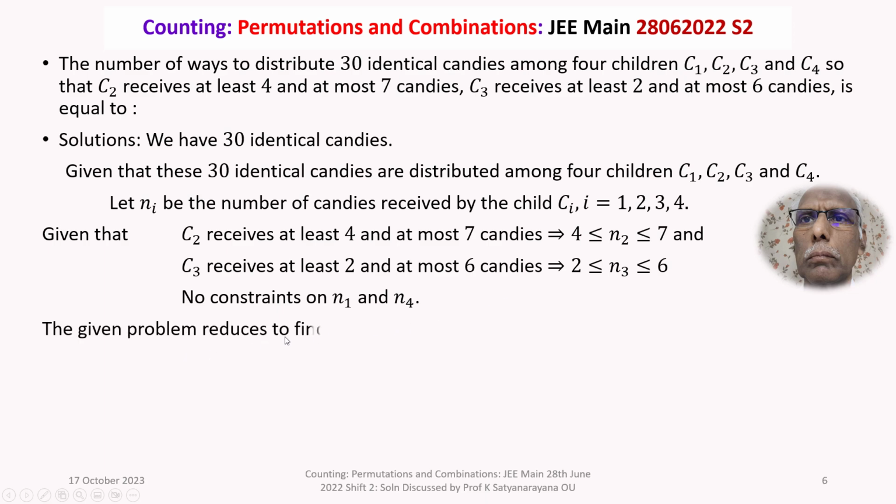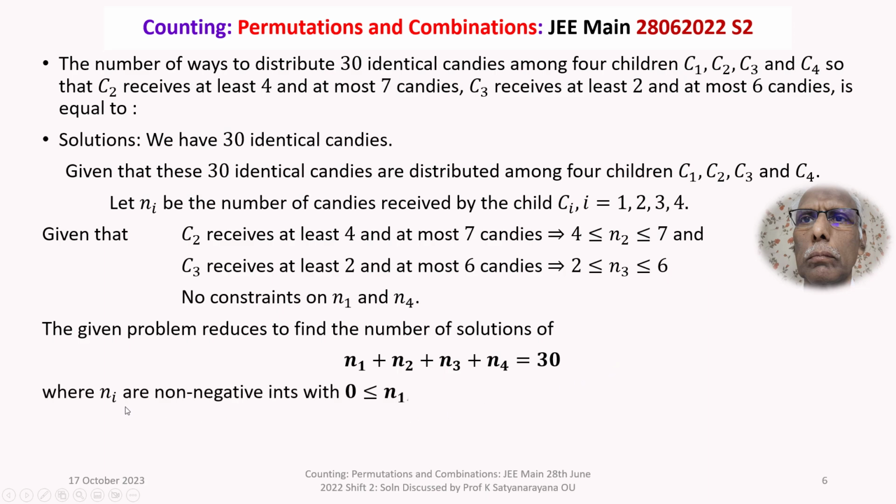Now, the given problem reduces to finding the number of solutions of the equation N1 plus N2 plus N3 plus N4 is equal to 30, where Ni, i equal to 1, 2, 3, 4, are non-negative integers, with 0 less than or equal to N1 and N4 less than or equal to 30, the constraint for N2 being 4 less than or equal to N2 less than or equal to 7, and 2 less than or equal to N3 less than or equal to 6.